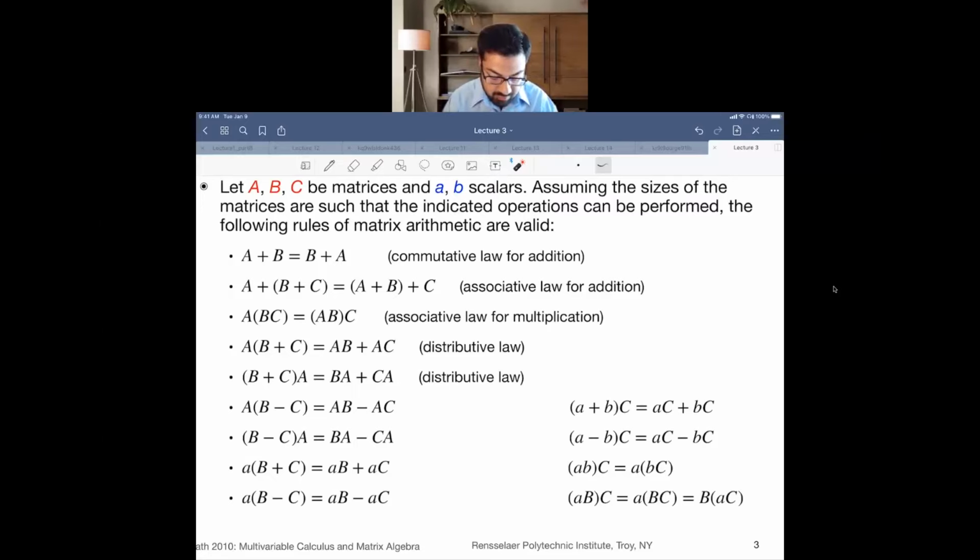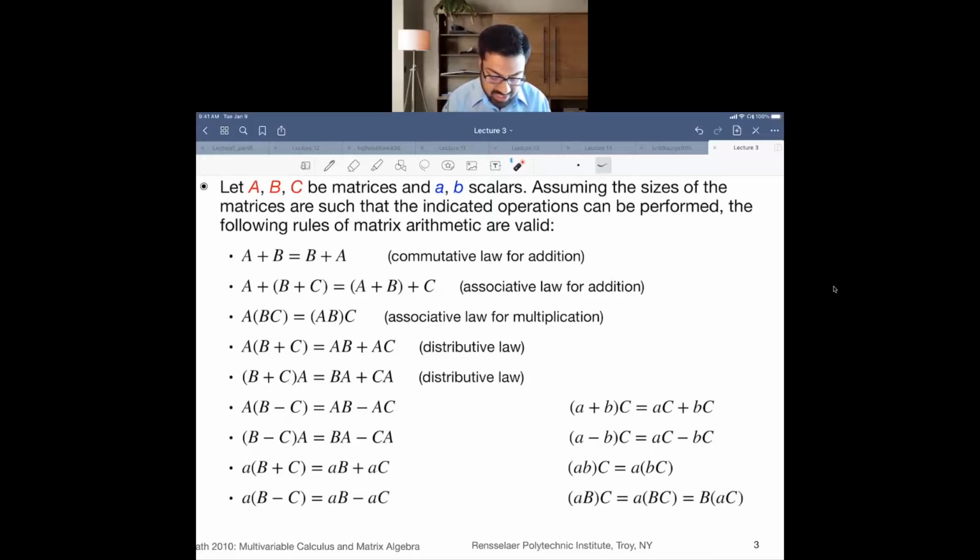So for example, if you have a matrix A multiplied, matrix multiplication with B minus C, it's going to equal AB minus AC. So two matrix multiplication operations followed by a subtraction of the matrix elements. Next, B minus C multiplied by A, which is BA minus CA. So all of these are sort of distributive laws. The first two are for addition, the next two are for subtraction.